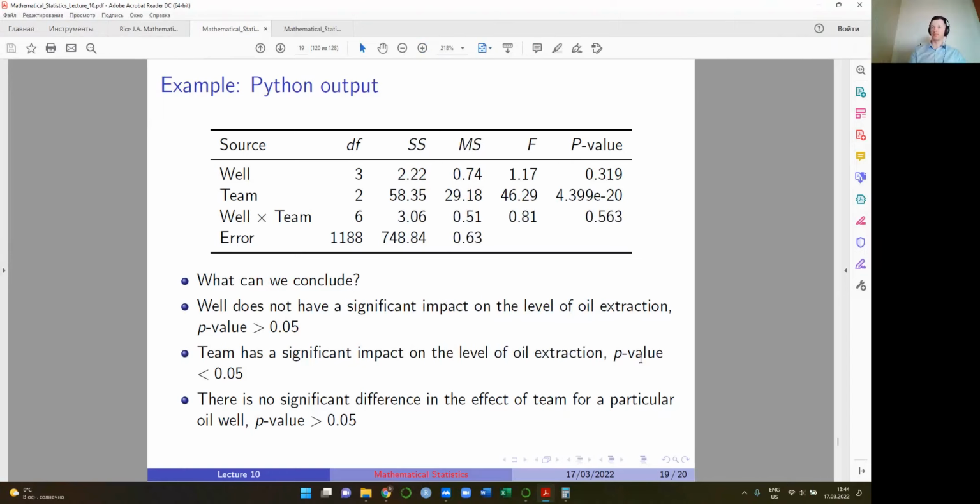Here we don't compare if one factor is more or less than the error. No, we don't do this. We just claim that one factor has a statistically significant effect on the outcome variable, and another factor does not have this significant effect.